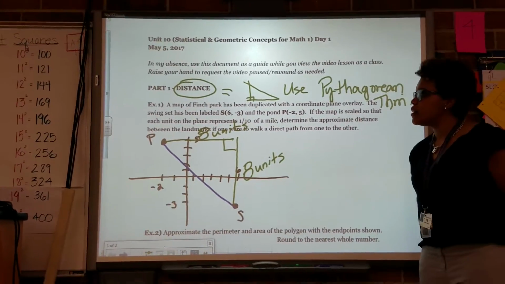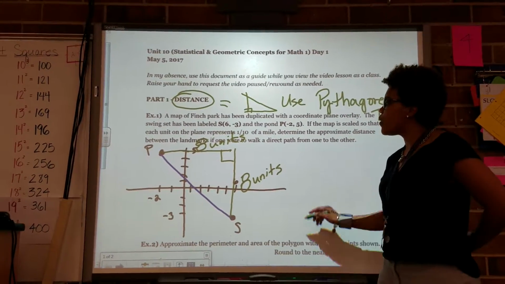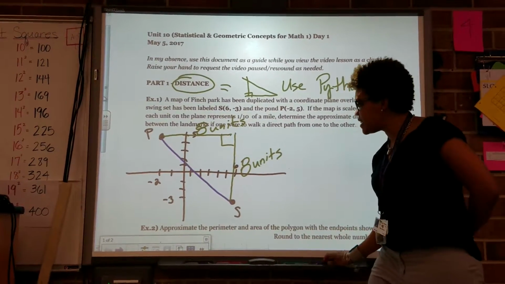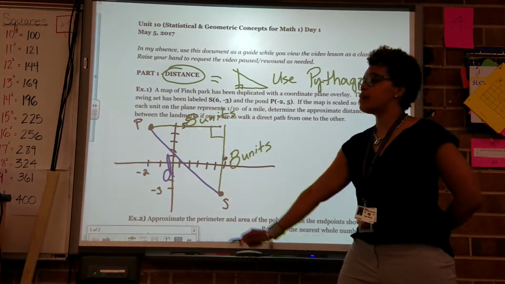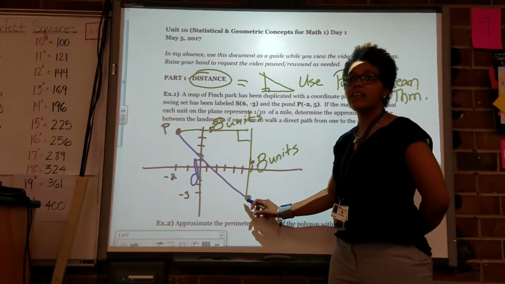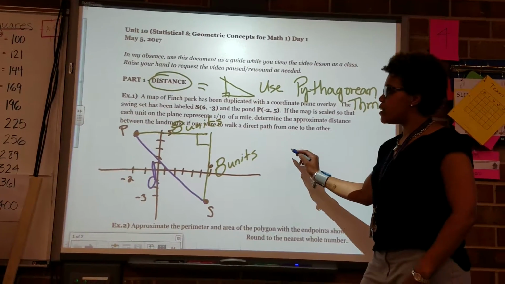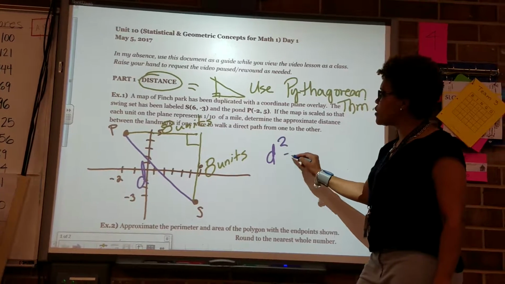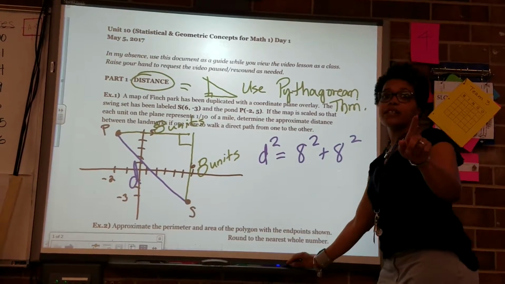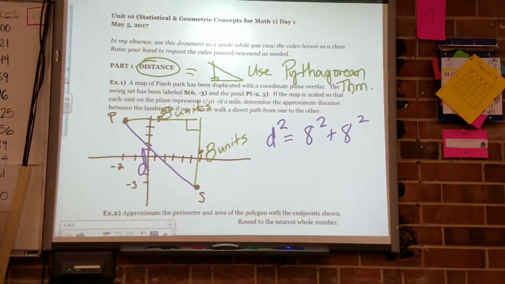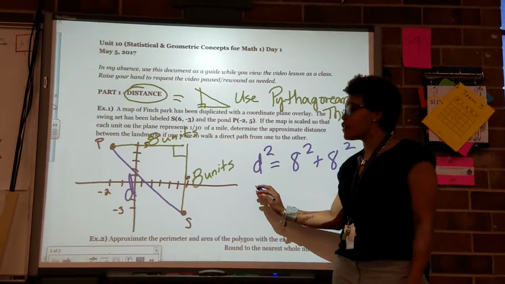So if we know how to form the triangle on the coordinate plane, then we can go ahead and say that this distance between the pond and the swing set becomes d squared, the hypotenuse squared, is 8 squared plus 8 squared. Okay, sorry I had to pause. But anyway, you guys know how to solve for d.